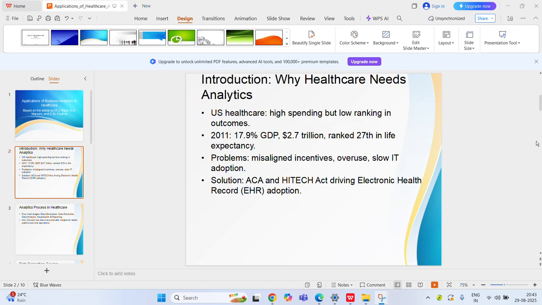It also involves using skills, technologies, and practices to analyze vast amounts of data and identify trends and relationships, and ultimately transform raw data into actionable insights that drive strategy, optimize operations, and lead to profitable choices for a company. So this is a brief introduction about what analytics is all about.